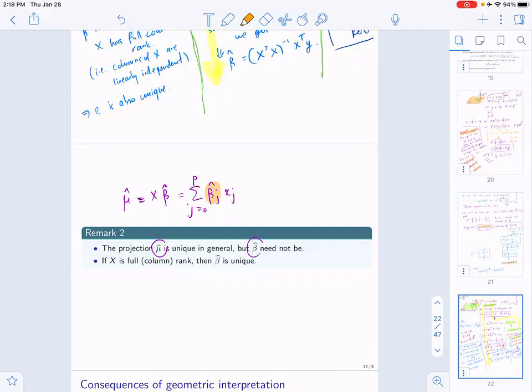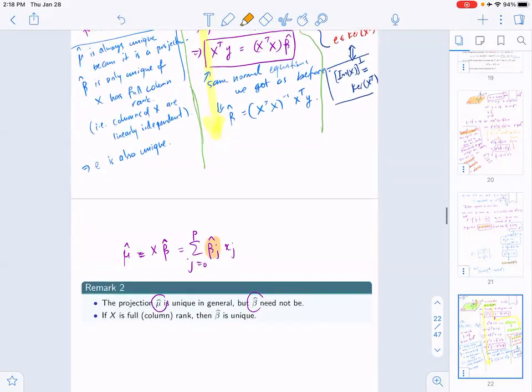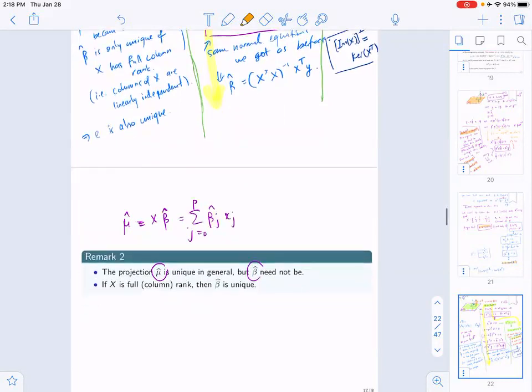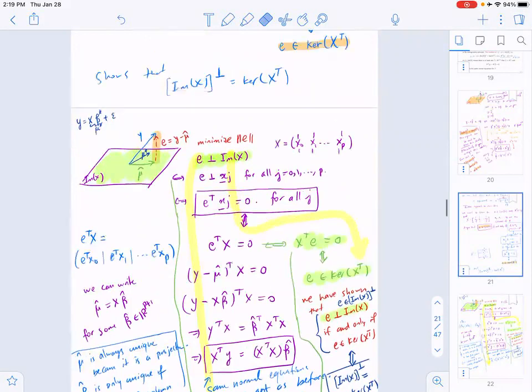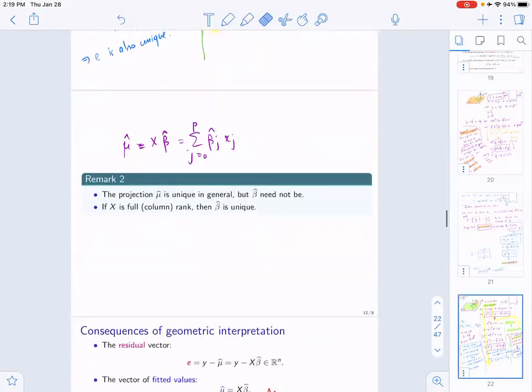This translates to having multiple possible ways you can write this as a linear combination of the columns. But geometrically, you can argue for yourself that the mu hat has to be unique, and because you're making this assumption, the beta hat is also going to be unique.